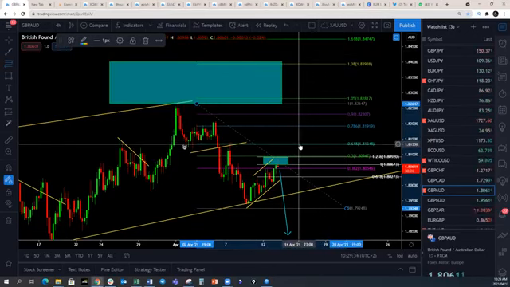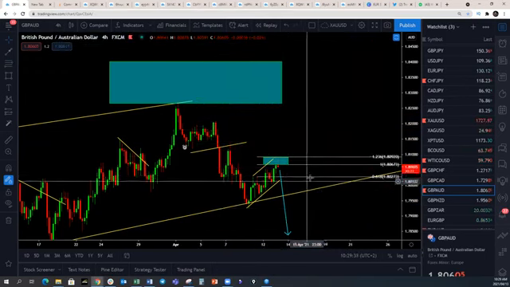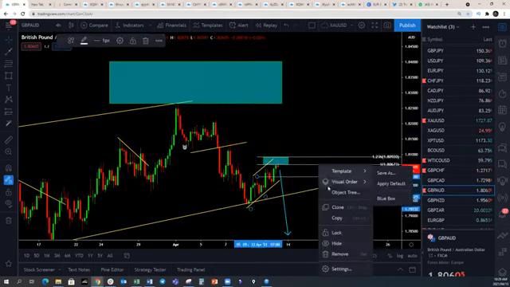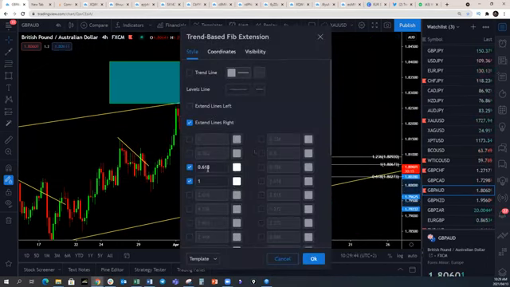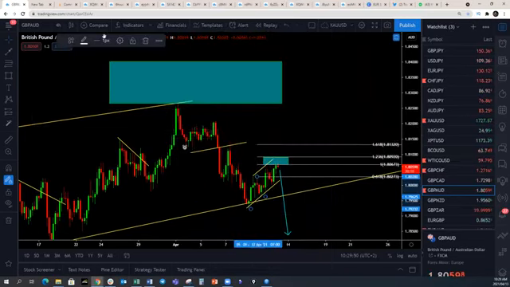I'm going to take this off. Stop loss, if you're taking it from the blue box, which is where we are currently, it's a little bit far, but that's fine because we're targeting a bigger move to the downside. This is your stop loss, just above 1.618.